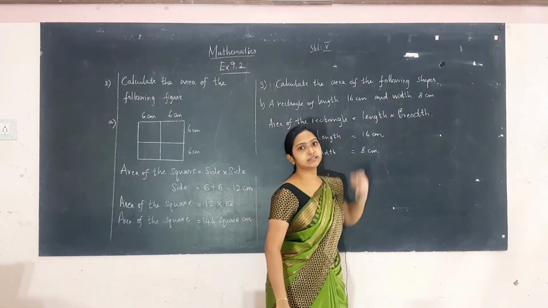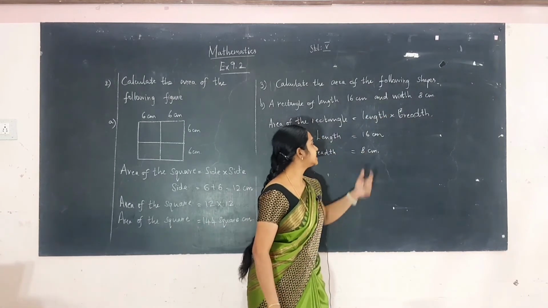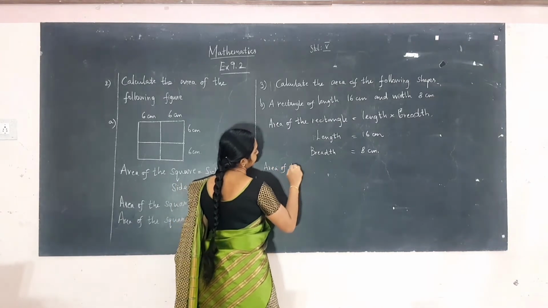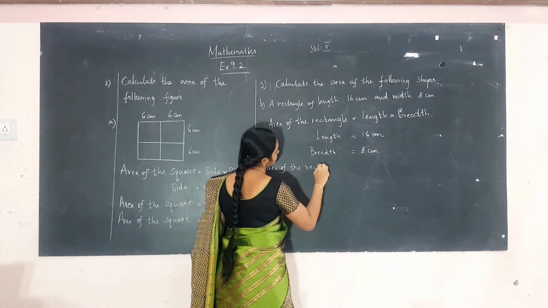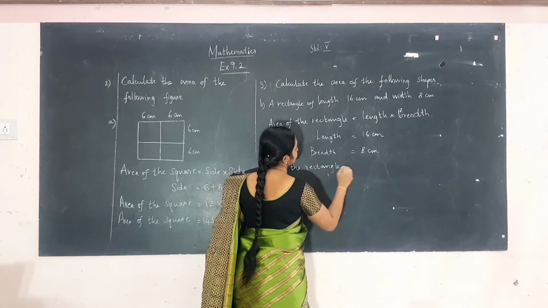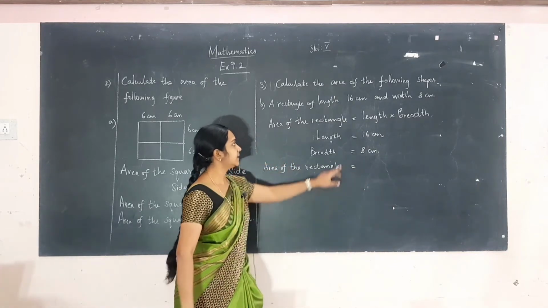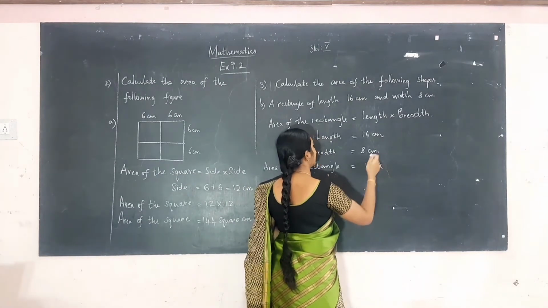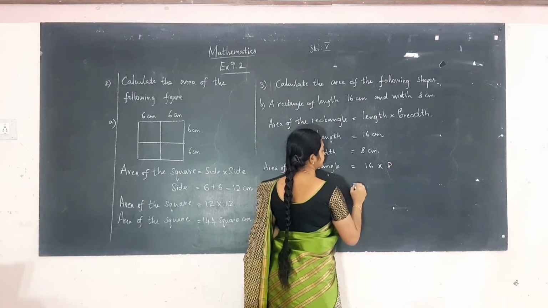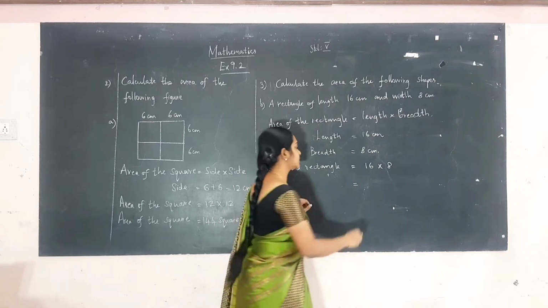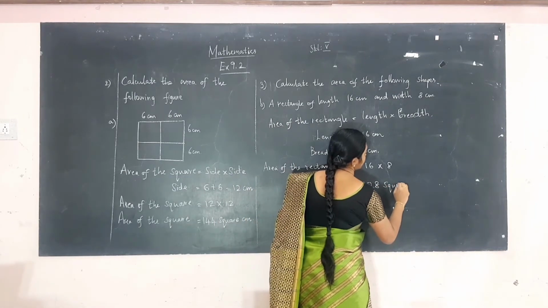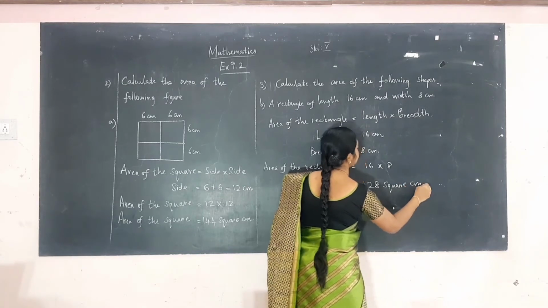Width, breadth both are the same. So breadth is given as 8 centimeter. Area of the rectangle is equal to length into breadth. In the place of length we have to put 16 and in the place of breadth we have to put 8. 16 into 8 is 128 square centimeter.